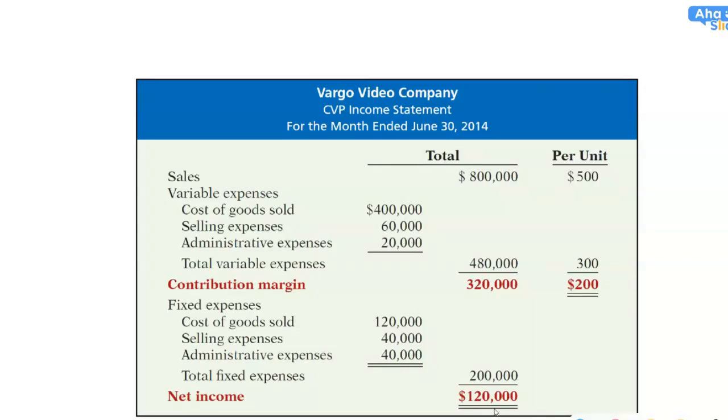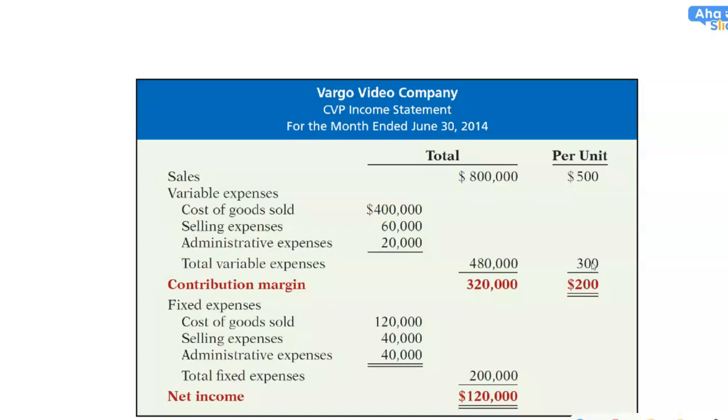So this concept is a very useful concept to predict what's going to happen in the future. Because I know the way variable costs will move and I know fixed costs will not move. But I can go one step further. This, called the contribution margin in total, is what I've meant. I can go per unit. The selling price obviously is 500, 800,000 divided by 1,600 units.